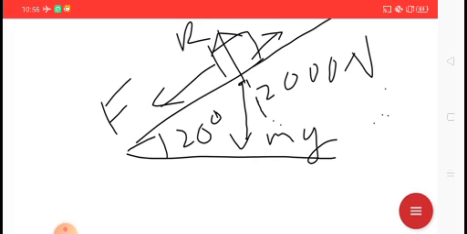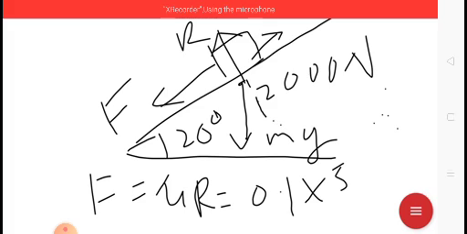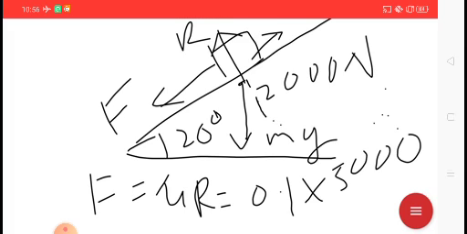Okay, so we may need to find the frictional force first. F equal to mu R, which is equal to 0.1 times 5,000 cos 20.